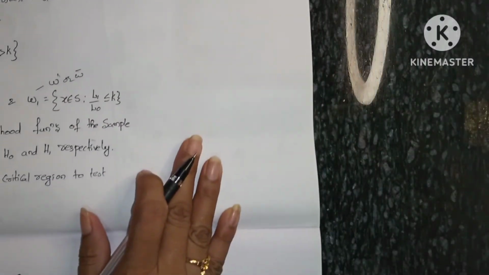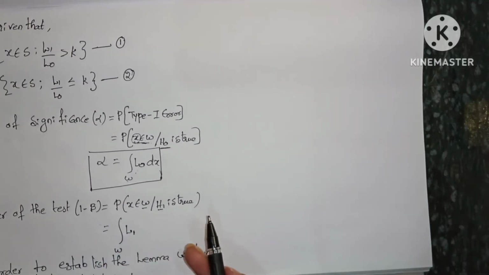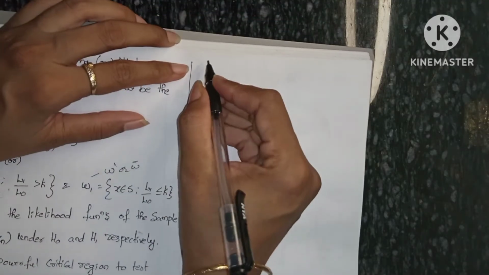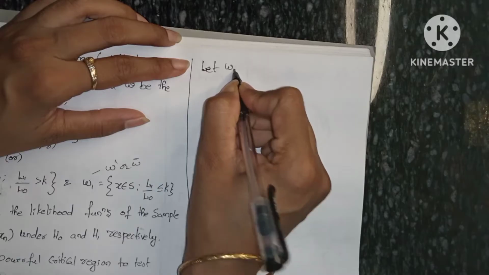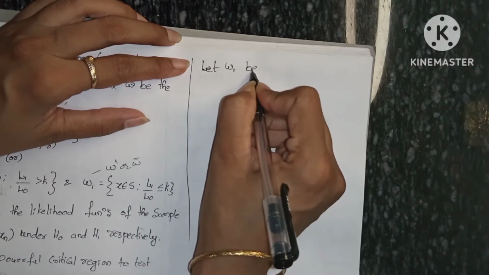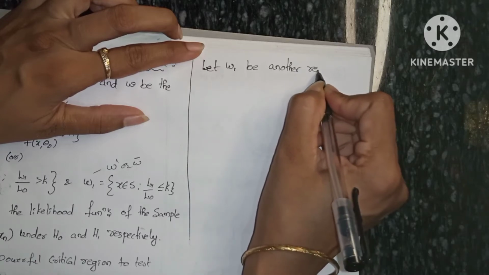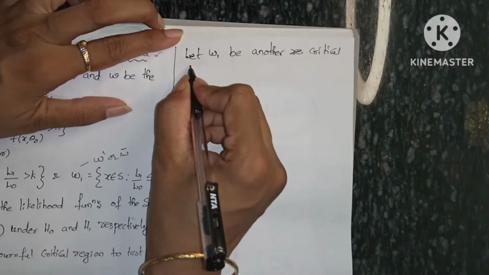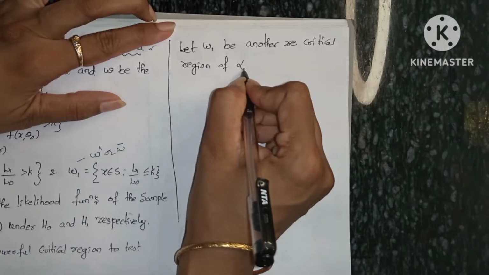Till now we have taken only the omega set. Now we have to take another set, that is omega 1. So let omega 1 be another critical region of size alpha 1. Why?